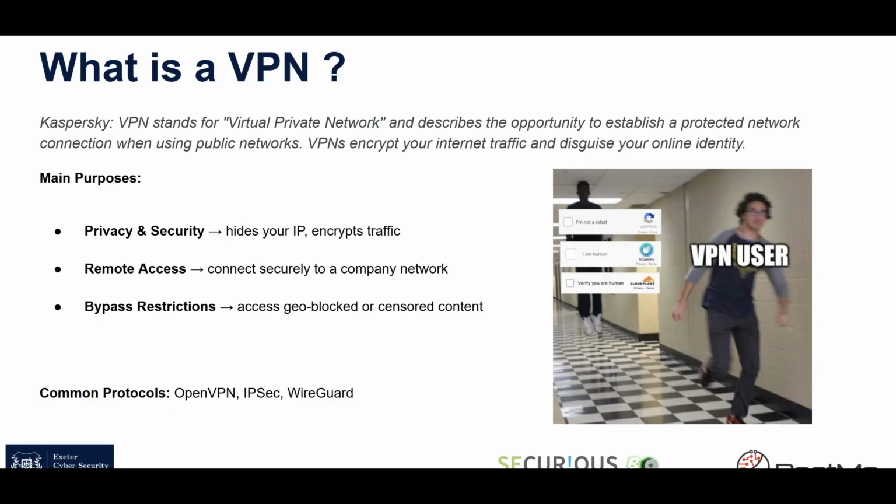And you might ask why I put this meme right there, because I really like it. If you use a VPN, you might have seen you get a lot of CAPTCHAs. This is due to the fact that a VPN gives you an IP, and this IP might be used by other people as well, and might be used to do stuff that is not legitimate.